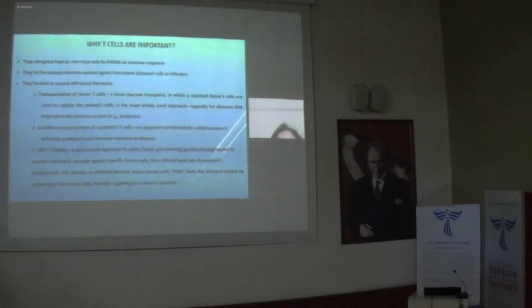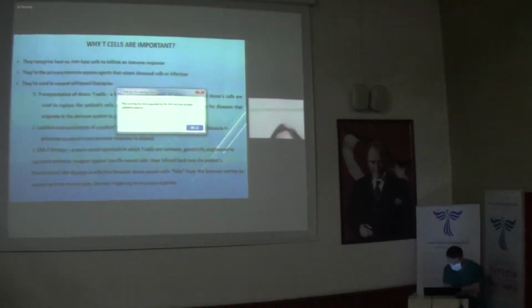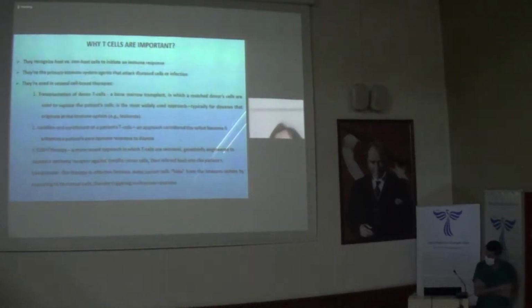Because the T cells recognize host versus non-host cells to initiate an immune response. Secondly, they are the primary immune system agents which attack the disease cells or the infection. They are used in several cell-based therapies more frequently than other cells are.